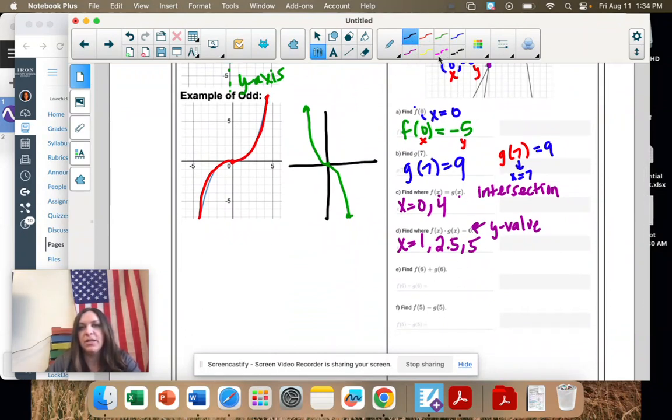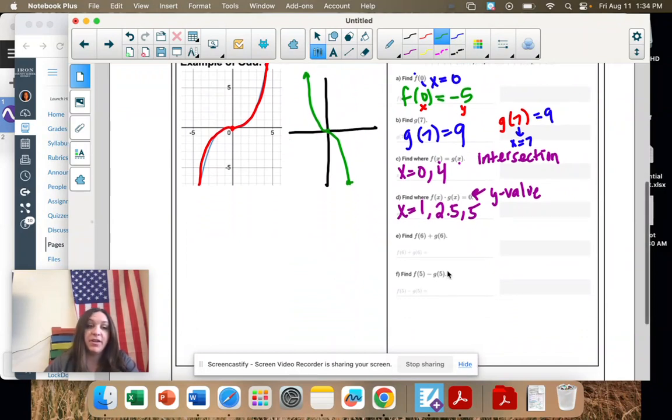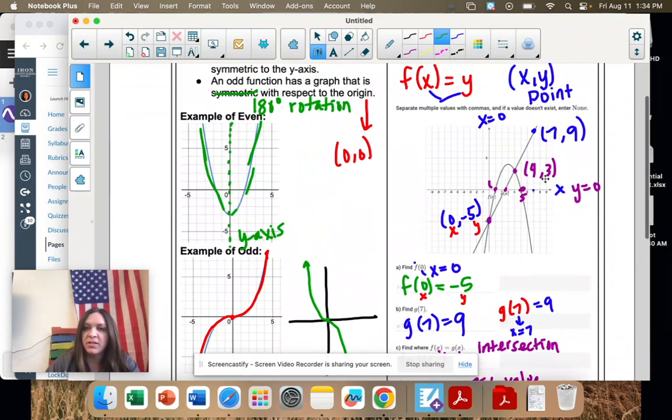Okay, next one. Now we have to find multiple values. We have to find f of 6 and g of 6. So we're going to go to x equals 6 on our graph, and we want the values for both graphs. So here's x equals 6. We're going to go up and down. We got to go find both graphs.